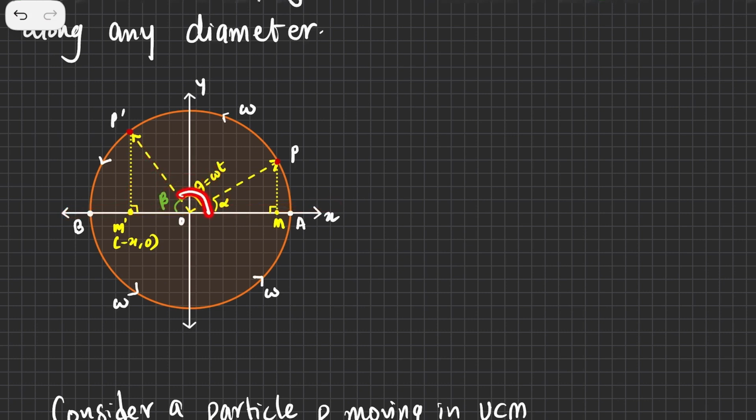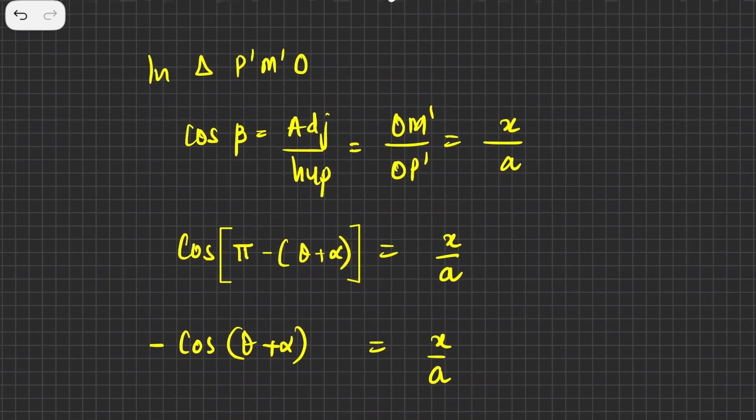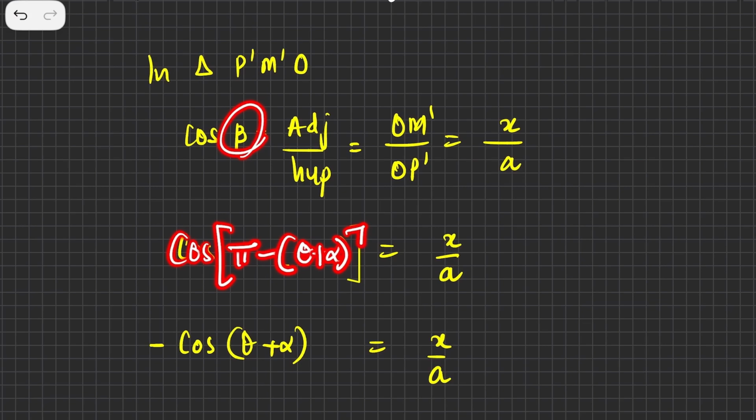So let's say this angle is 120 and I know that this whole angle is 180, so that is 180 minus 120, which gives 60 degrees. So cos of beta can be written as pi, that is 180, minus that 120, which I have just set for the example, that is theta plus alpha.